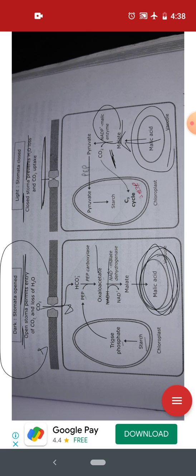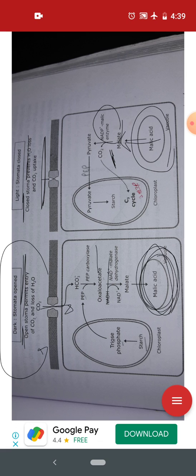First difference is Kranz anatomy. In C3 plants, this type of anatomy is absent. In C4 plants, Kranz anatomy is present, and in CAM plants also this is absent.